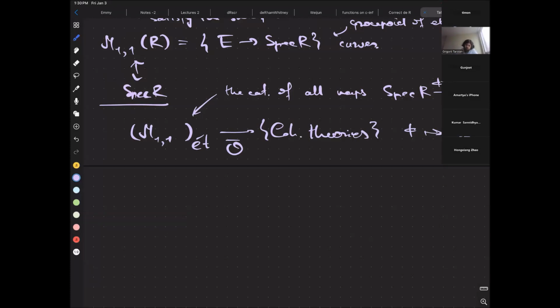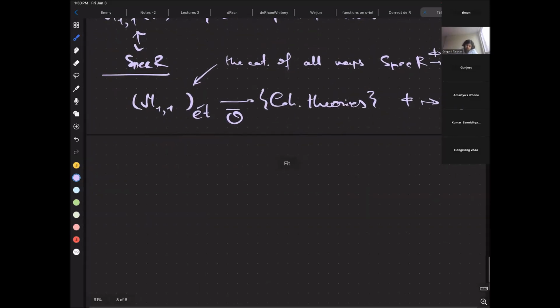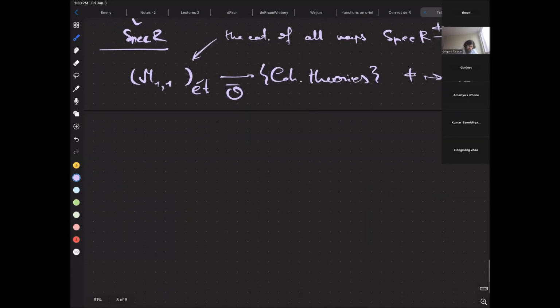So you have this map phi, and if you have a morphism like this, you can construct a formal group scheme by pulling back the universal elliptic curve to Spec R and then doing that thing that we discussed.